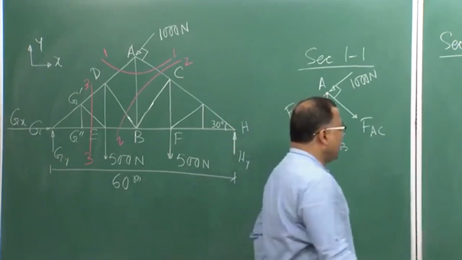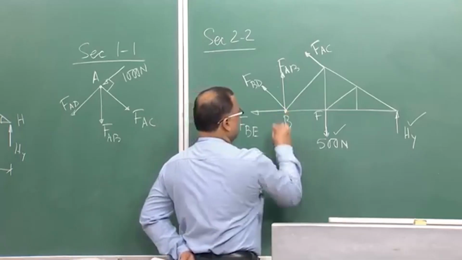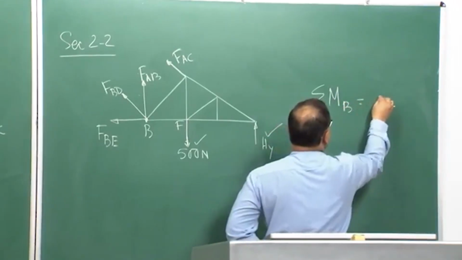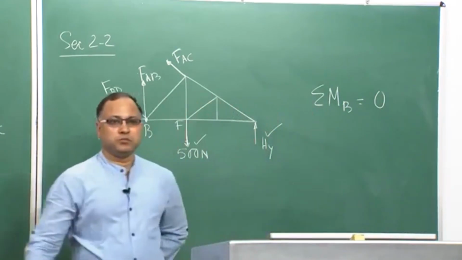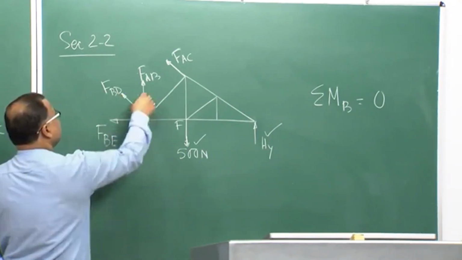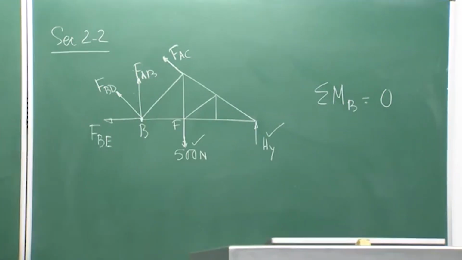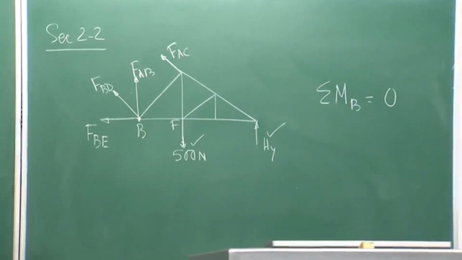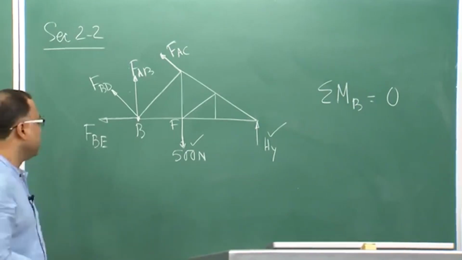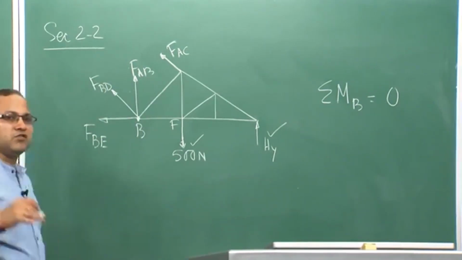Anyway, if you take the moment equilibrium with respect to point B equal to 0, then from point B there are 3 member forces emerging: FBE, FBD and FAB. If I take the moment equilibrium with respect to point B, immediately the moments of these forces will be 0.